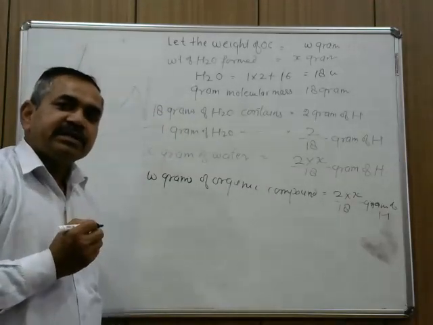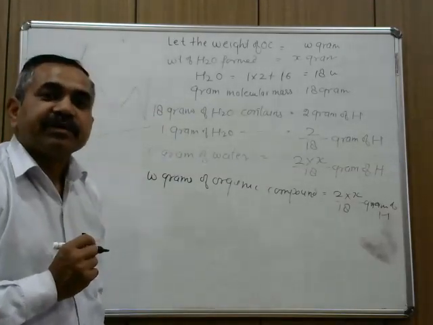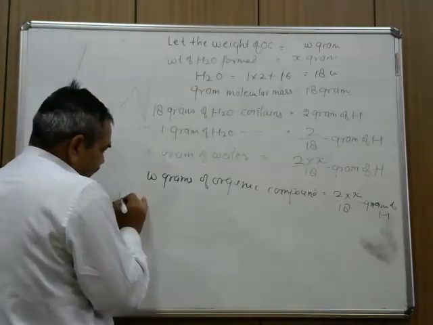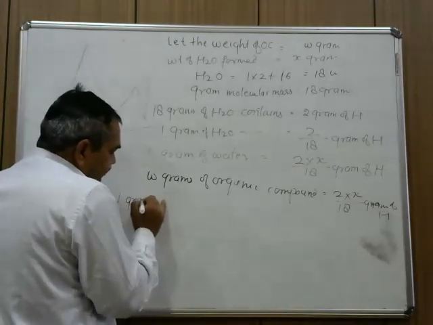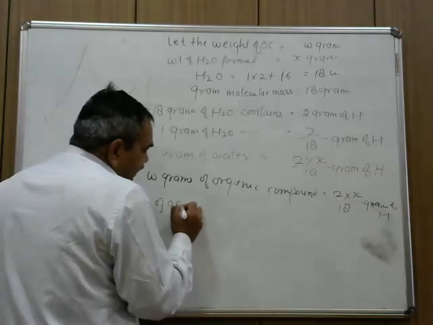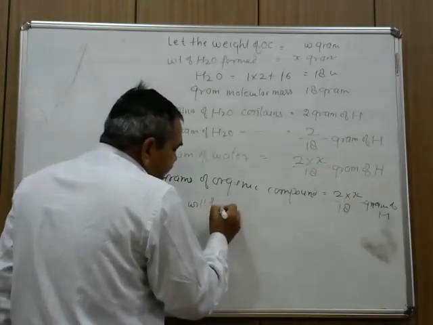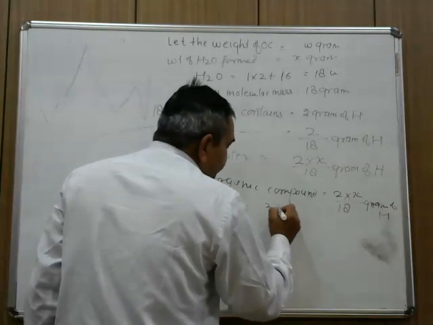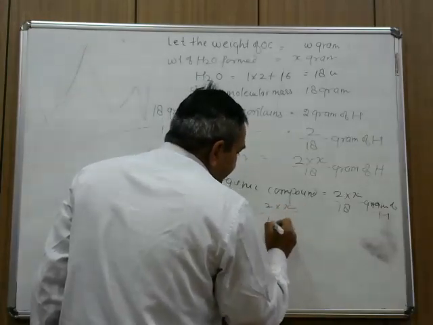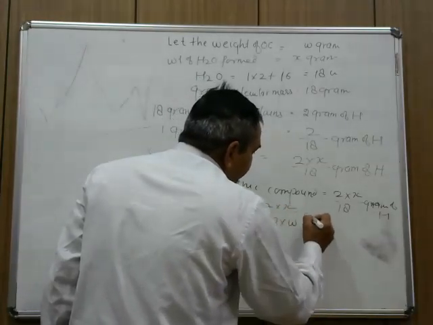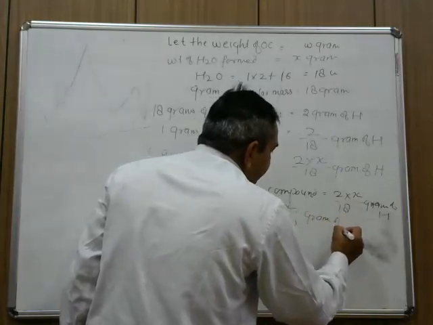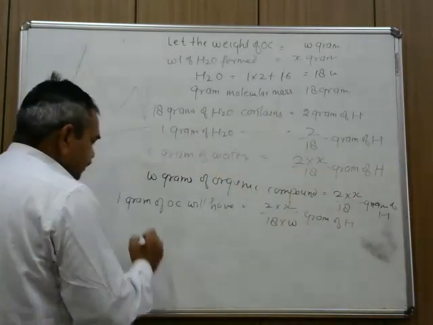So how much hydrogen is present in 1 gram of organic compound? 1 gram of organic compound will have 2 into X upon 18 into W gram of hydrogen.